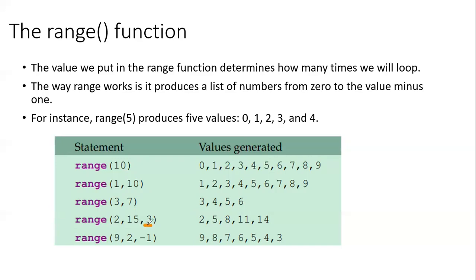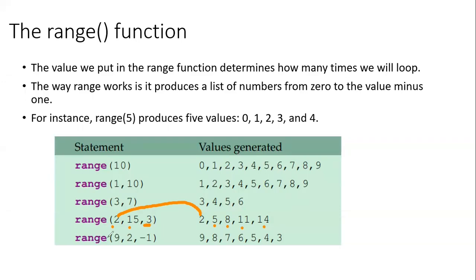Here it is incremented by 3. The starting value is 2, the increment is 3, then 2 plus 3, 5. 5 plus 3, 8. 8 plus 3, 11. 11 plus 3, 14. So here the last value is 15, which means remember the last value should be 14. Therefore, it stops at 14.